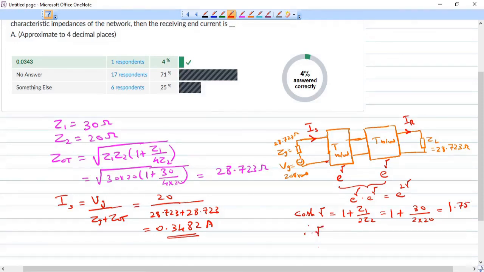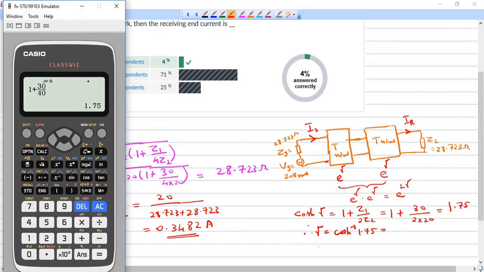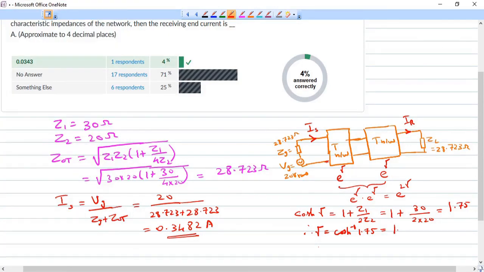So gamma is nothing but cosh inverse of 1.75, which is equal to 1.158.